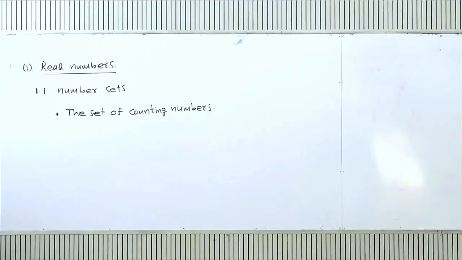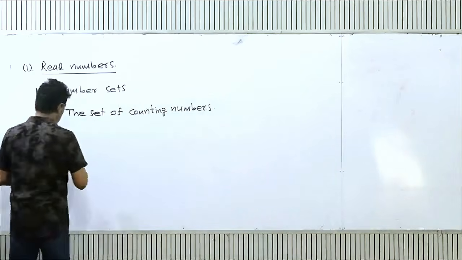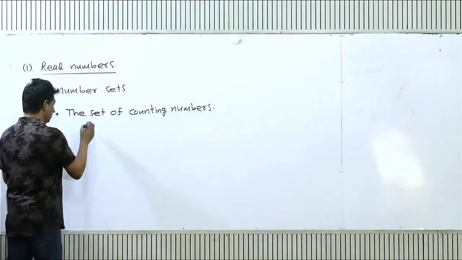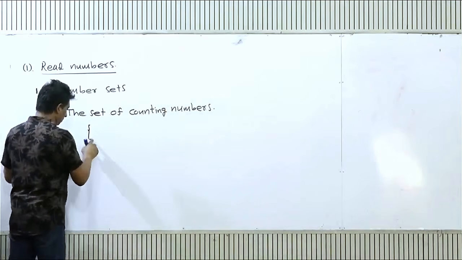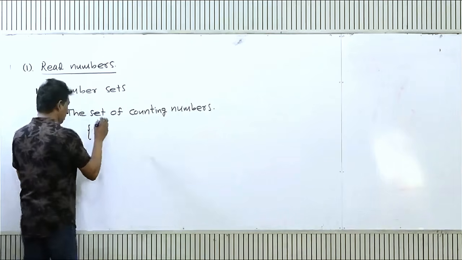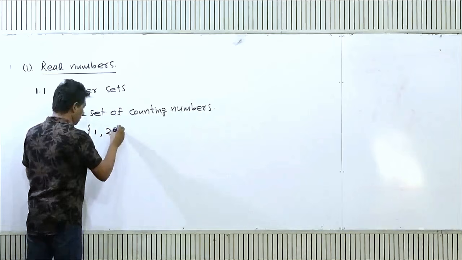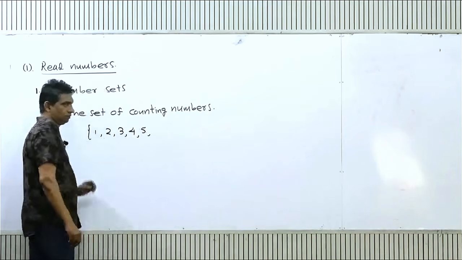Right. Then this is the way we have to write this number set. We have to use the starting bracket, then what is the first counting number, 1, no? Then second 2, then 3, then 4, then 5, like that.